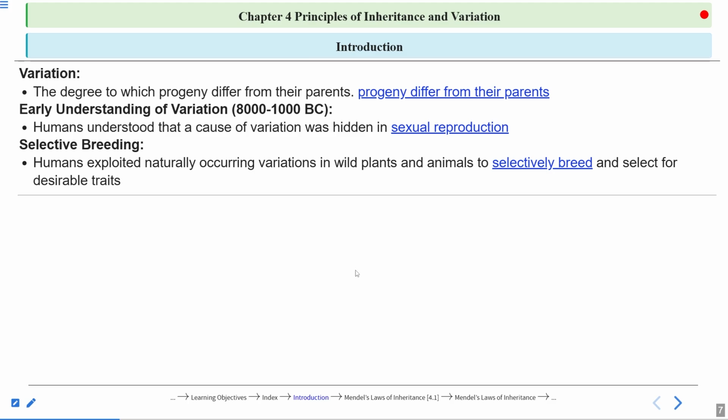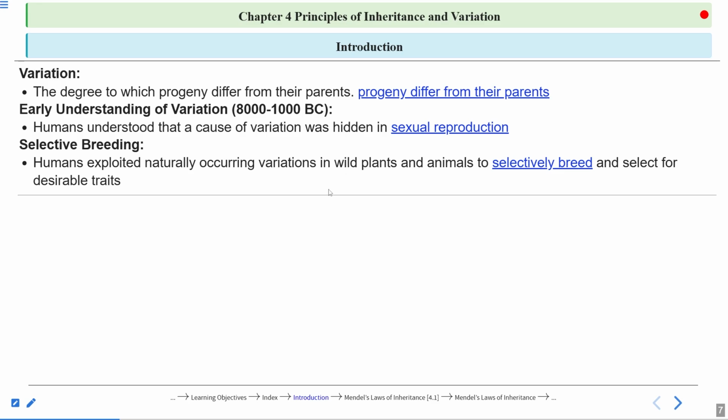So now they knew, okay, this plant has this characteristic, this animal has this sort of characteristic. So they wanted these characteristics in the progeny also. So they chose those plants which have those desirable characteristics, and they intercrossed them. So this is known as selective breeding. Here it is written, select for the desirable traits.